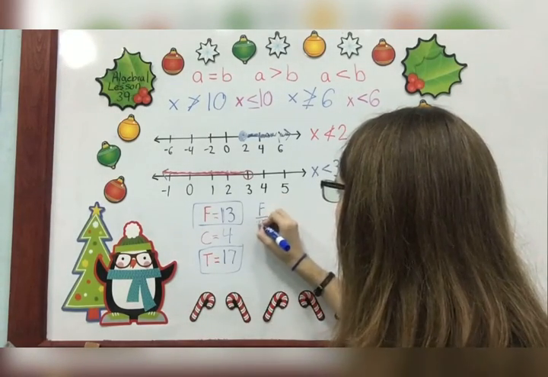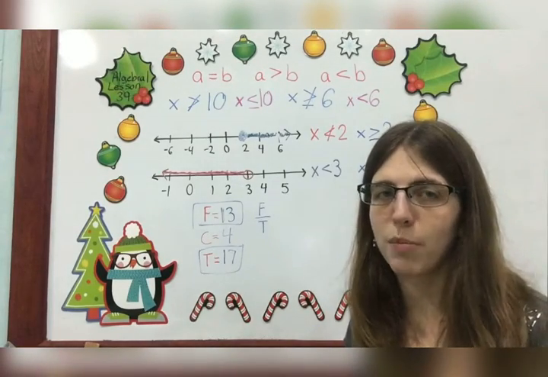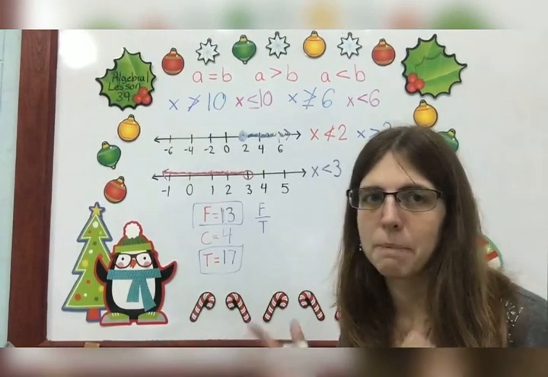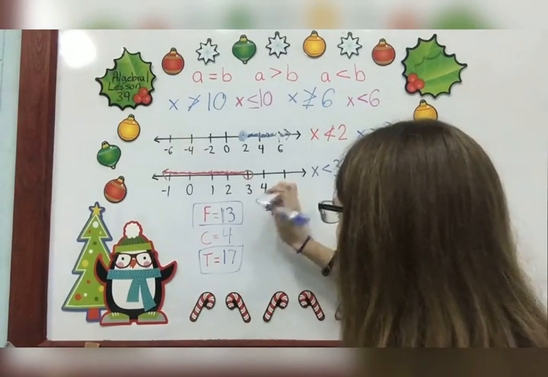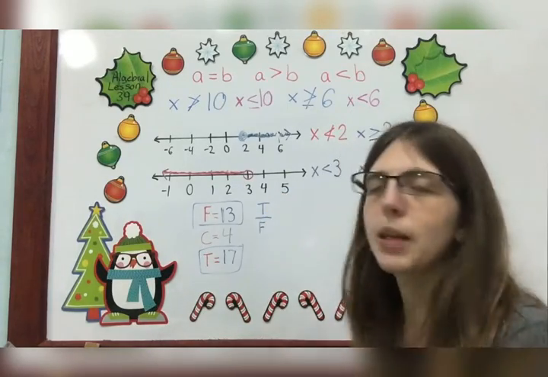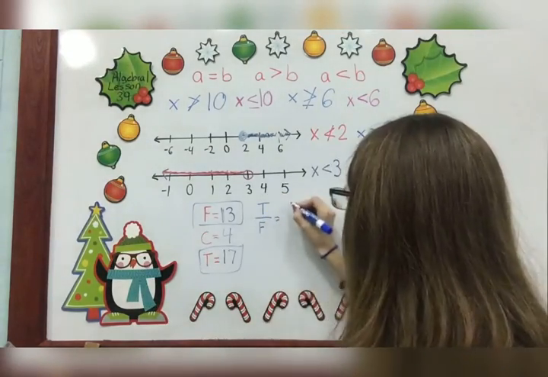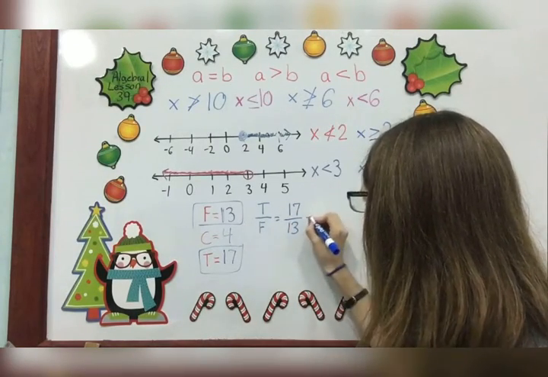So that's what I need to use in my ratio. Fish and total. It actually does not matter which one is on the top and which one is on the bottom. I could do total over fish. It wouldn't matter. In fact, let me do that to show you what that would look like. If I did total over fish, I just have to make sure that my numbers match. So the total is 17, the number of fish is 13.